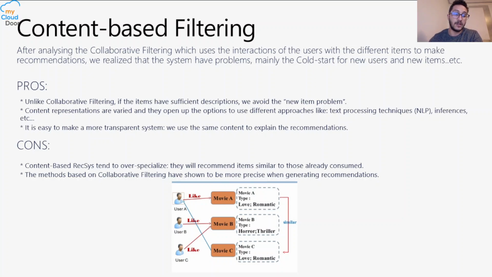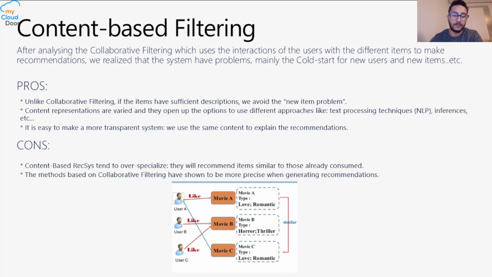And the cons are that content-based recommendation systems tend to over specialize. Generally they will recommend items similar to those already consumed, and that way the user will be in a bubble of recommendations. You will never leave that bubble, because the system will always be recommending similar items.